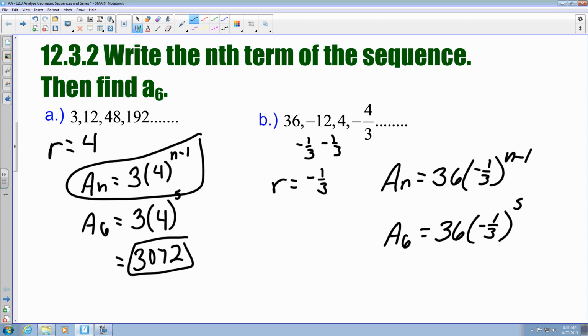So now I need to find what negative 1/3 to the 5th power is, and that's negative 1 over 243. And if I multiply that value by 36, I get a fraction that looks like a sub 6 is going to equal negative 4 over 27. Okay?